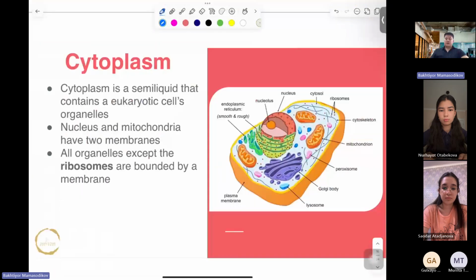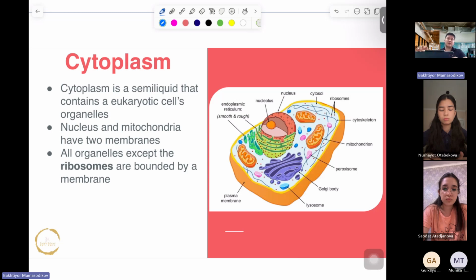Okay, cytoplasm. What's cytoplasm in the cell? What's its function? Who can answer? It's like a jelly which contains the organelles. It's a jelly-like semi-liquid content which contains on itself the organelles, right?